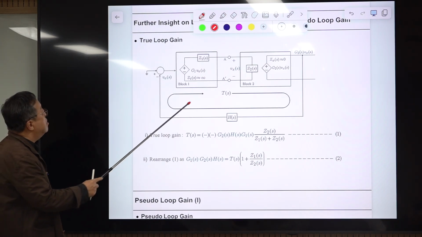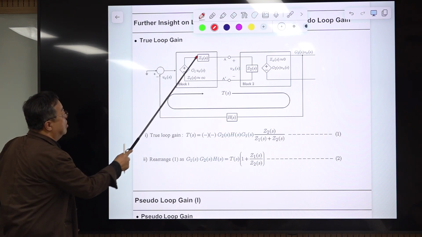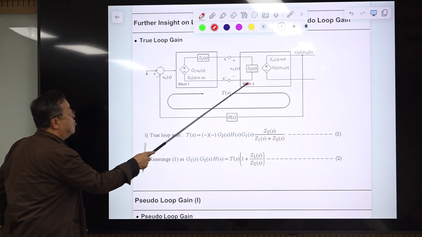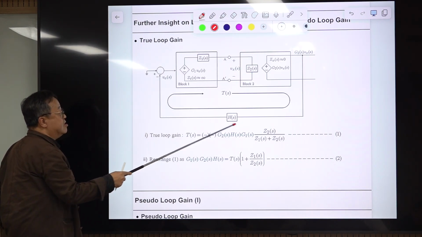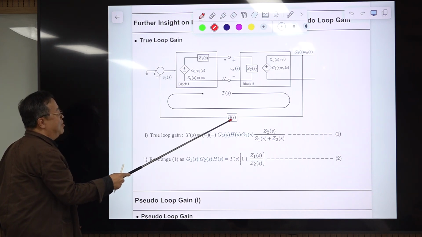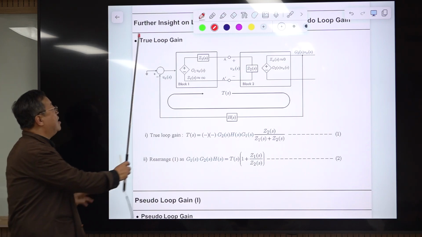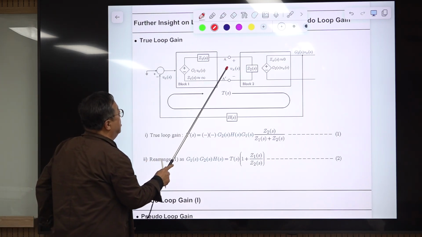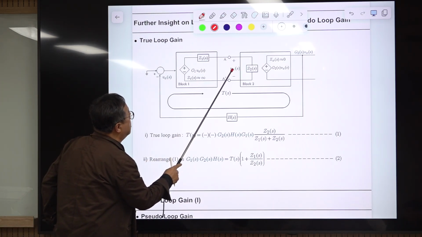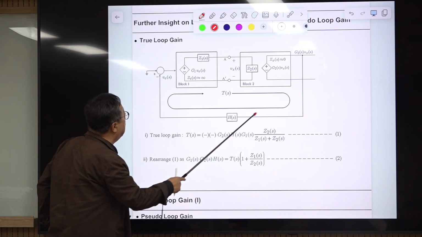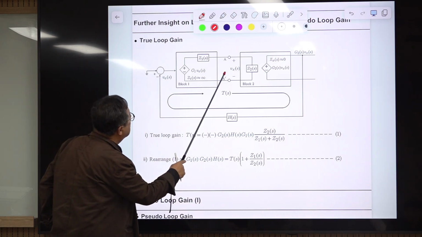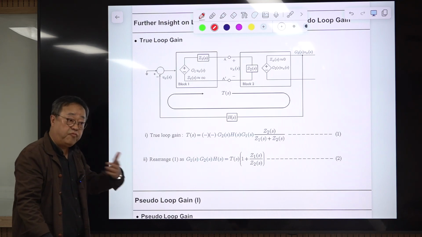Suppose this is a converter, maybe the power stage and the feedback compensation, and this is maybe the modulator gain, something like that. Somehow we divide in the middle, and we inject Vx, and it will go around and come back here. That will be the returned Vx.